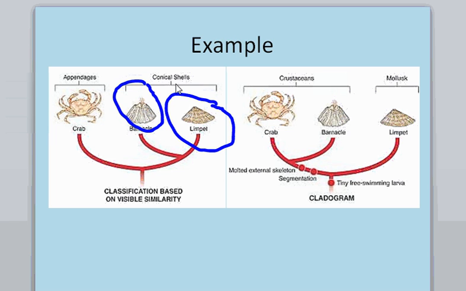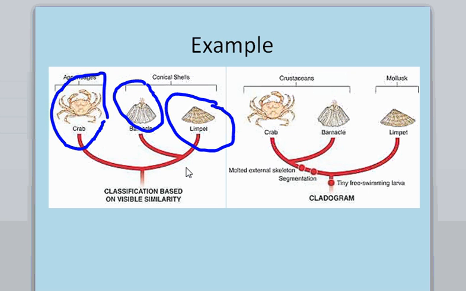If you went out to Maine or somewhere along the sea and you grabbed a barnacle and a limpet, you probably wouldn't be able to tell the difference, okay? But if you had a crab and a barnacle, you would be able to tell the difference. One has a shell, outer shell, maybe a bilayer or bishell. One has appendages. You can see the very different reactions.